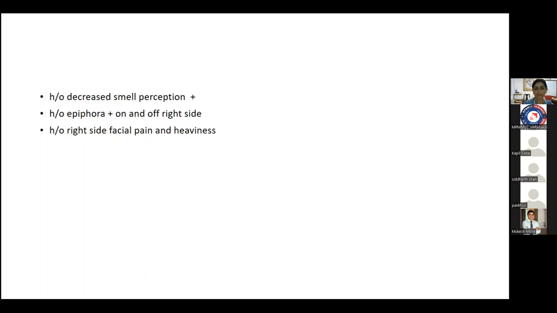And otherwise also, if the patient has had a dental extraction or any dental procedure, those can lead to some paranasal sinus pathologies, which can manifest in a similar manner. For example, sinusitis. In fact, there are some hypotheses that fungal infections are also commoner in patients who have had some dental fillings or dental procedure.